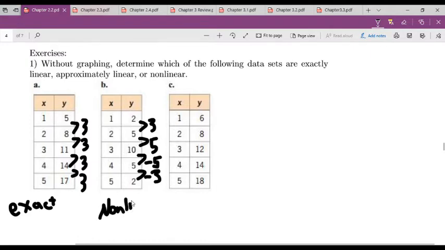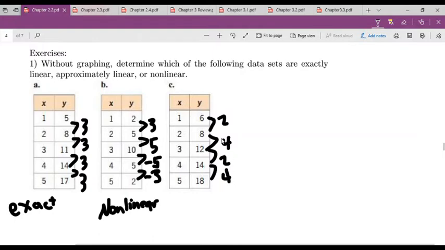So, this one would be the nonlinear one. And if you weren't sure about B, you could have gone ahead and done C and compared the two, and then you would see. So if we do C, the difference between 6 and 8 is 2. The difference between 8 and 12 is 4. The difference between 12 and 14 is 2. The difference between 14 and 18 is 4.